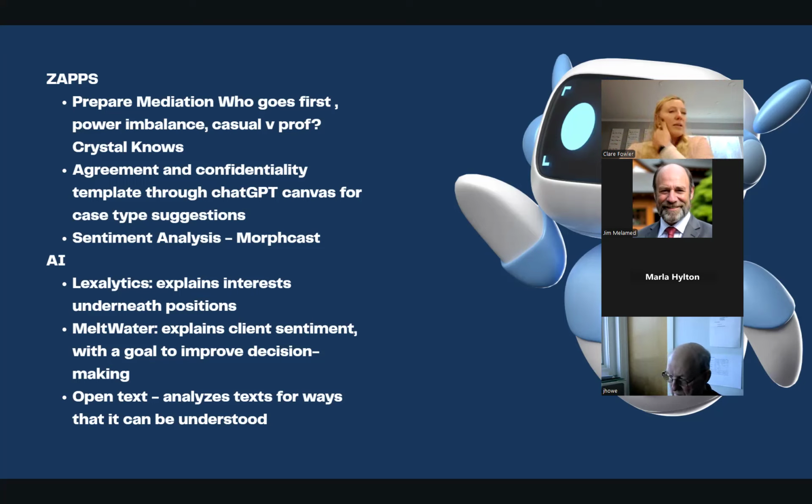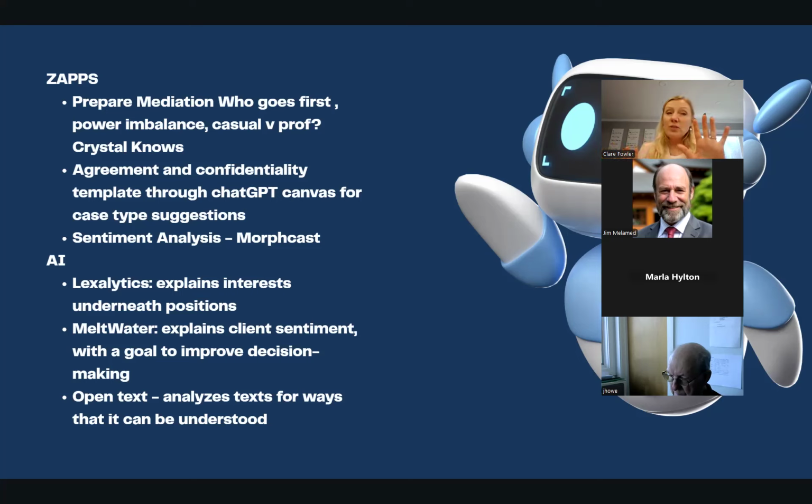There's also a Zap that connects with something called ChatGPT Canvas. So Canvas is a ChatGPT tool. And I, again, strongly recommend that you have ChatGPT open in the background and you can type in Canvas and it will start editing for you.